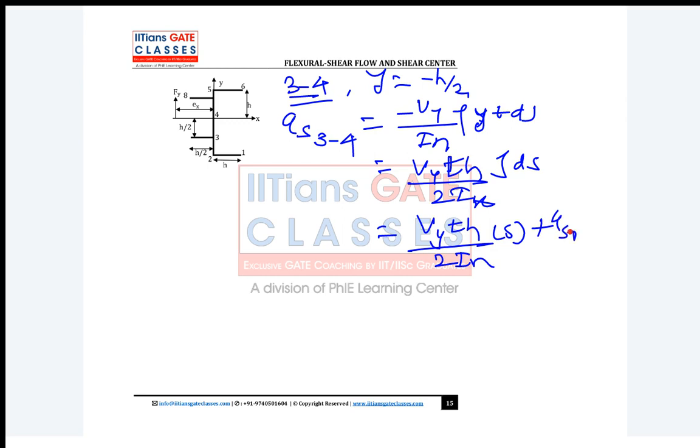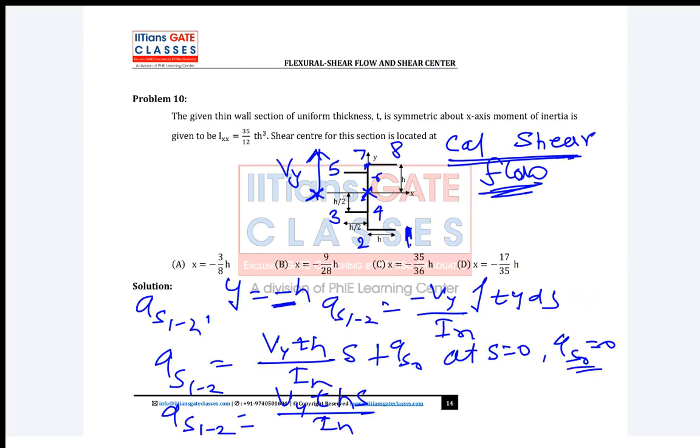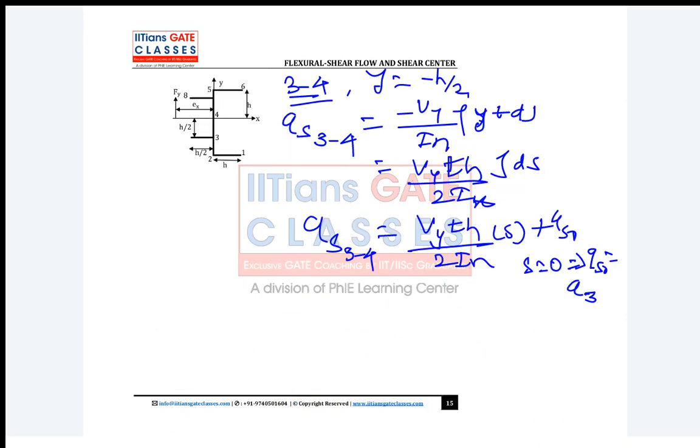What will be q_s0 here? When you substitute s equal to 0, q_s0 will be q3, which is 0.